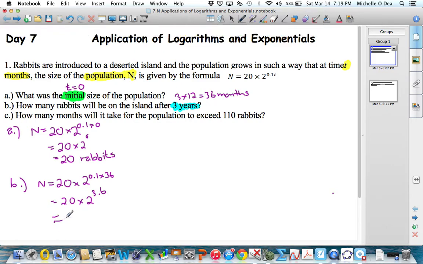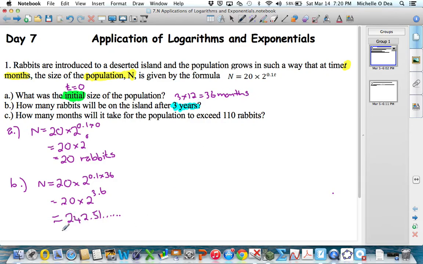So equals 242.51... I don't need to write out the whole decimal. Now let's think about this, because the question is asking how many rabbits. We're talking about rabbits. So we can't have 242.5 rabbits. And we want in 36 months.